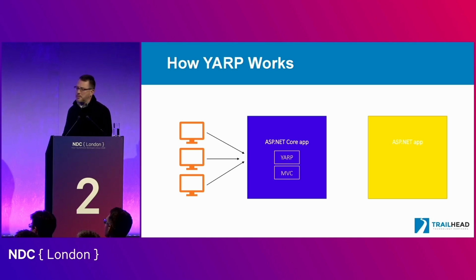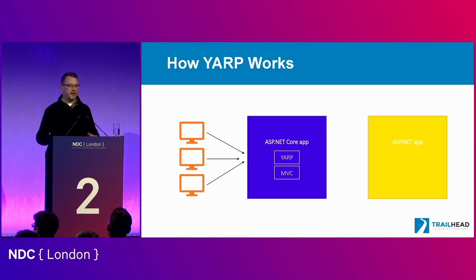Basically, it came out of the fact that a bunch of product teams inside Microsoft were doing their own web applications, and they were kind of doing their own solution for reverse proxies. Some people were using third-party ones. Some people had kind of created their own based on their needs.